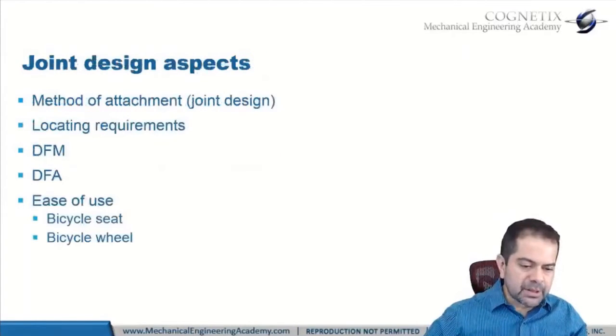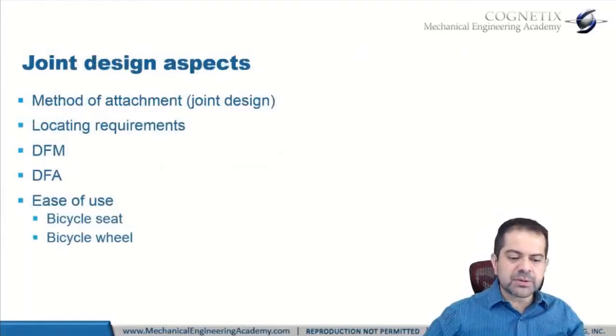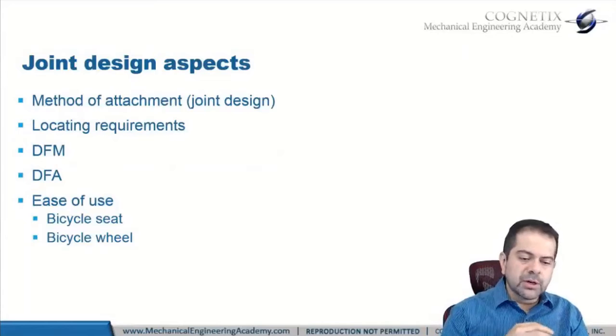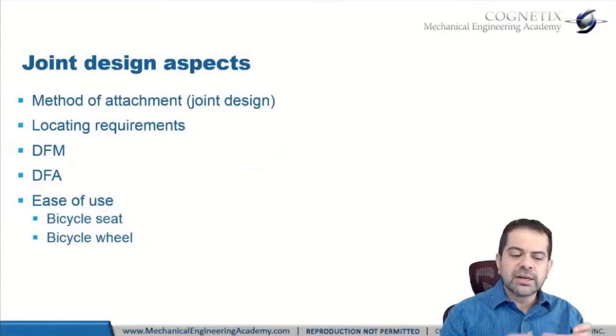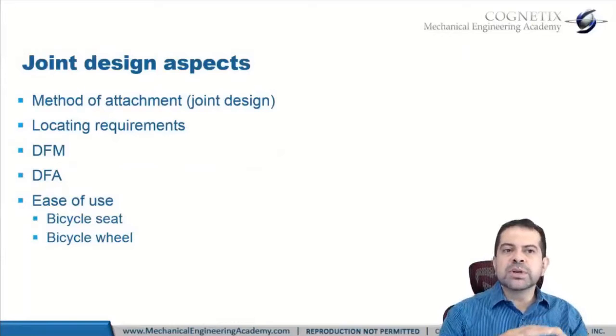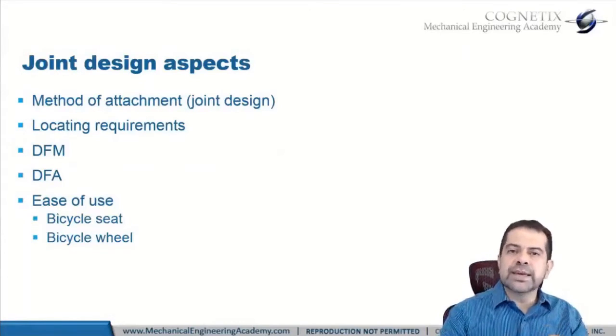Okay, now there are a couple of aspects, and we're gradually transitioning into more detail. A couple of aspects to keep in mind: there is whatever method you choose as far as attachment to something else, and then there's also the aspect of locating the component. Sometimes we want to attach a component, but we also want a feature to locate it.